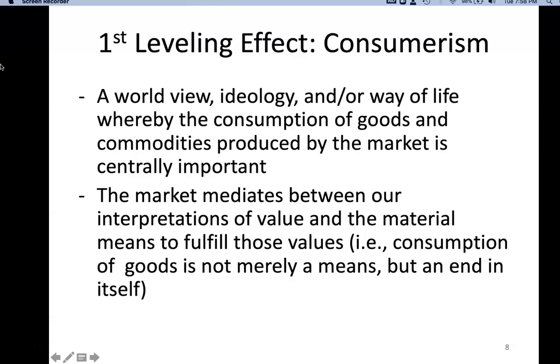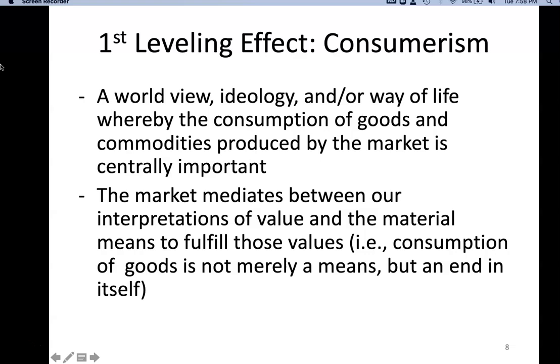All right. Now, the second definition basically states that the market mediates between our interpretations of value. So value is central here in this definition, and the material means to fulfill those values.